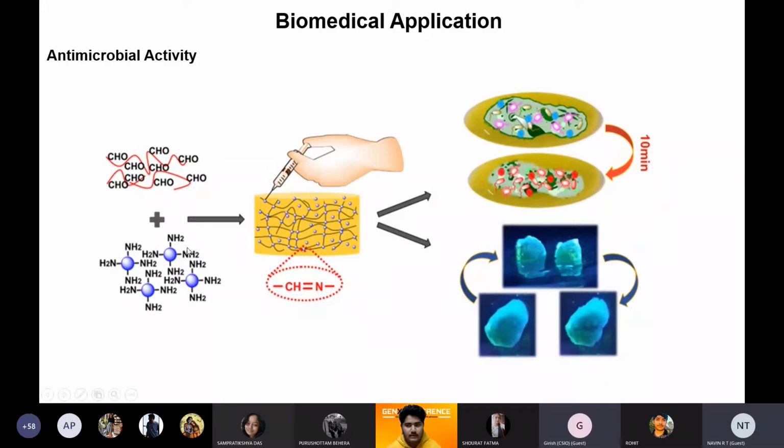surface functional groups of carbon dots can be easily combined with various polymers. For example, in this case, it is combined with activated dextran polymer, which generates aldehyde groups. The amine groups of the carbon dots can easily interact with aldehyde groups and they form a hydrogel.